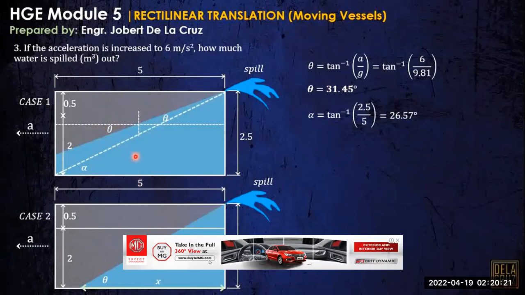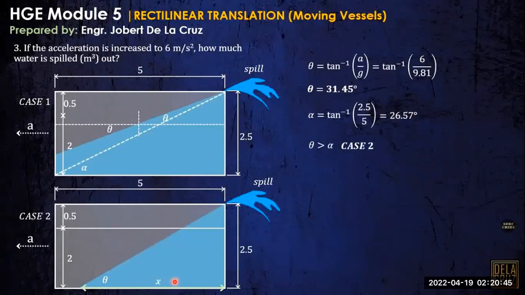No? But, as you can see, yung alpha natin is lesser than the theta. So, this theta, in this second case, dapat mas malaki siya. Mas malaking angle of inclination siya dito sa alpha. Diba? Mas steeper siya dito, yung inclination. That means we are in case 2. Gets siya lang, no? Makikita naman natin sa drawing because of this one.